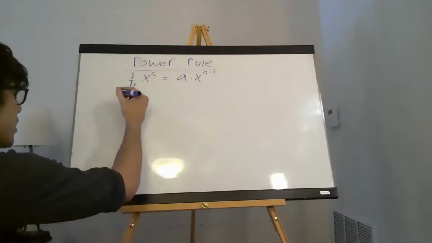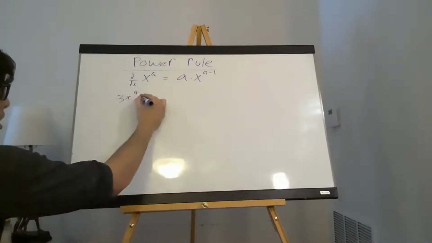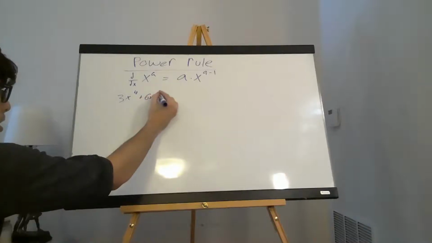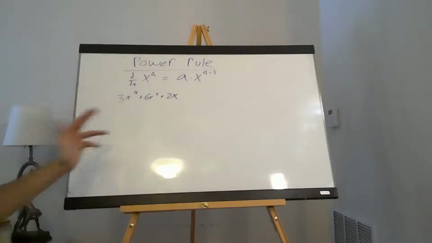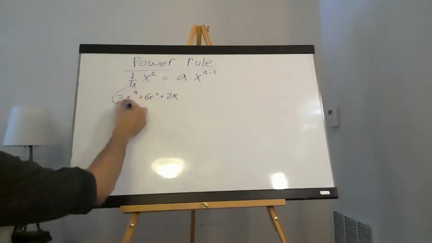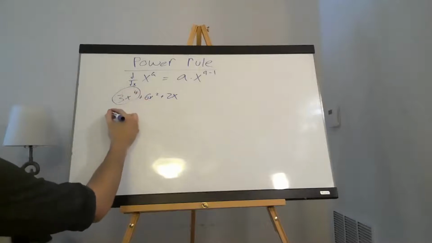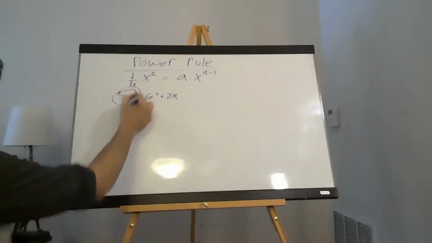So for instance, if we had 3x to the fourth plus 6x squared plus 2x, then we can apply the power rule to this entire statement and solve it quite quickly. I'll start with the 3x to the fourth power. We bring down the fourth and subtract 1 from the exponent.